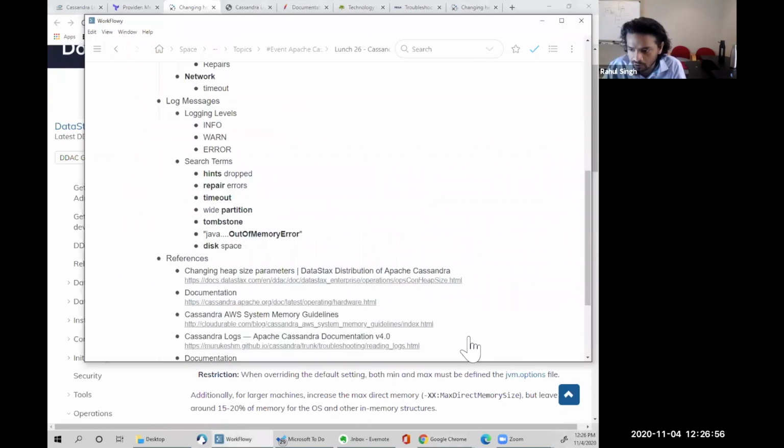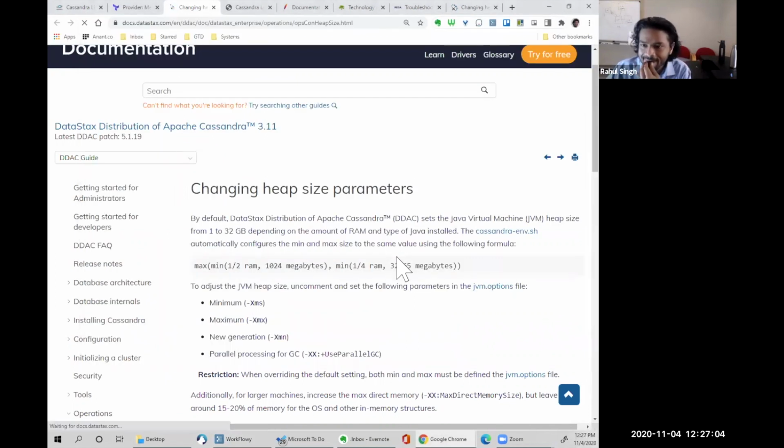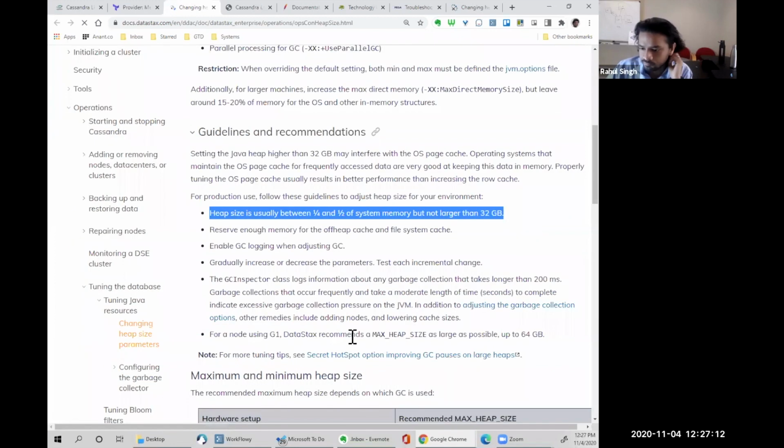Right? It's just not going to be useful, because the more memory you have, the more garbage collection time it takes. As well as if you're using G1, you can have up to, let's say, 64 GB.